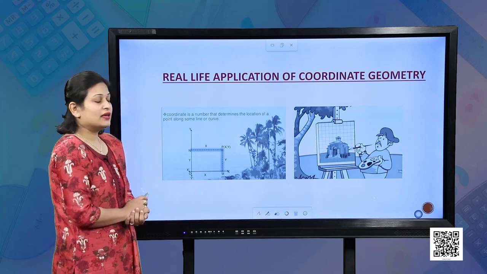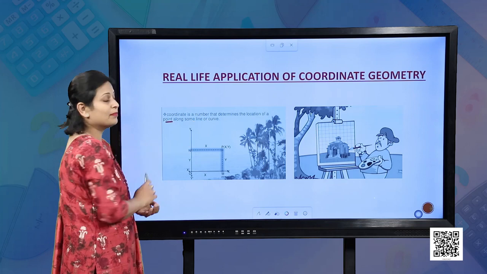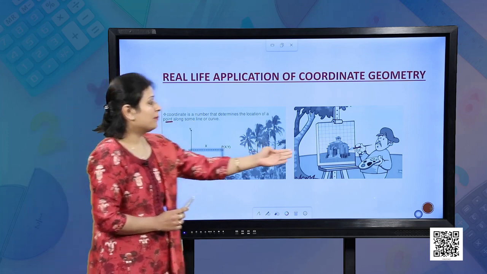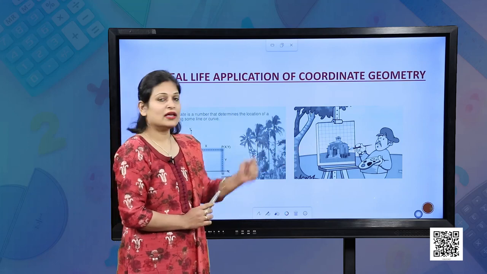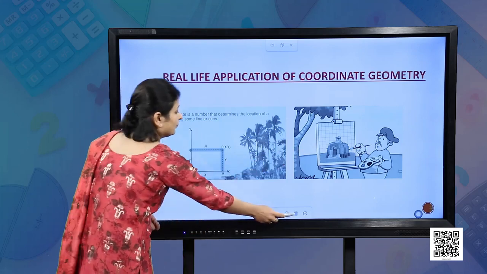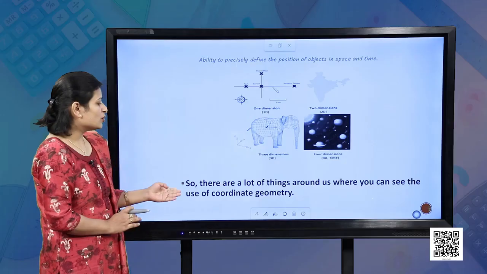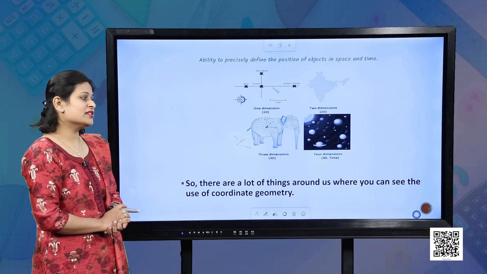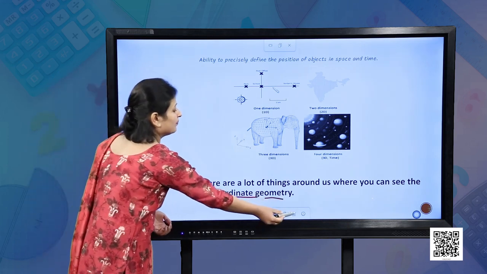A coordinate is a number that determines the location of a point along some line or curve, or a painter can use the concept of coordinate geometry in painting his picture. Also, the concept of coordinate geometry is used to define the position of objects in space and time. So, there are a lot of things around us where you can see the use of coordinate geometry.